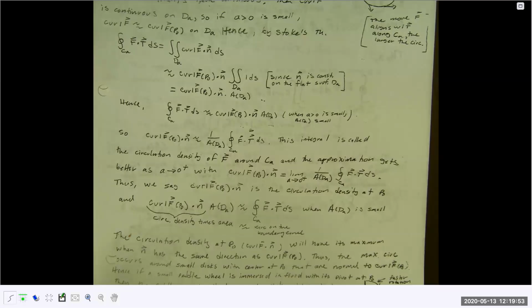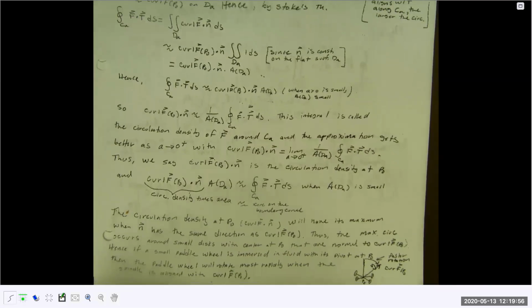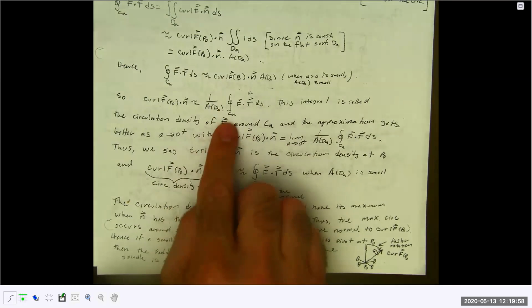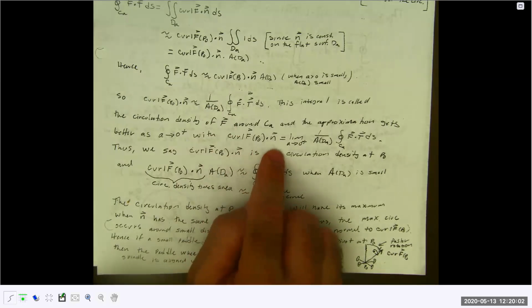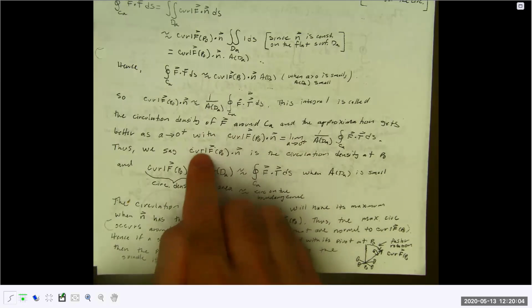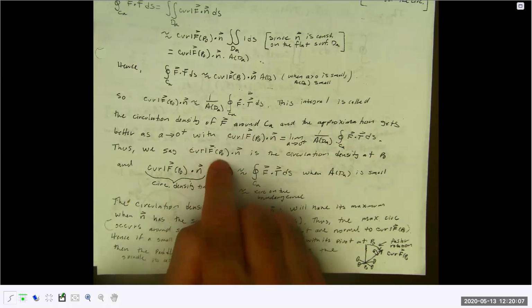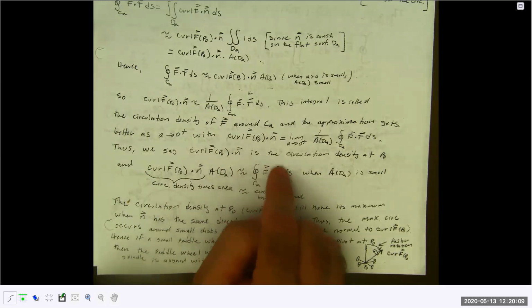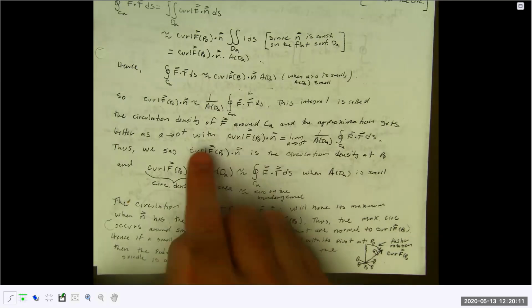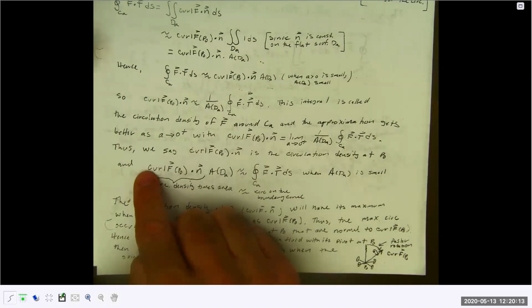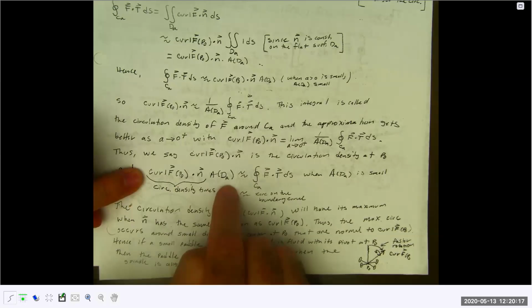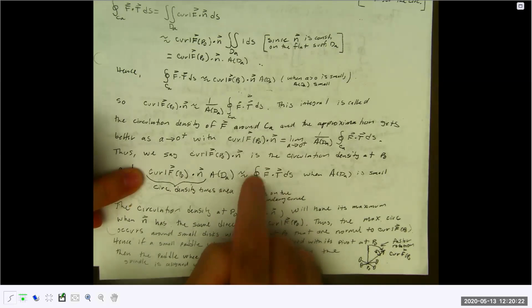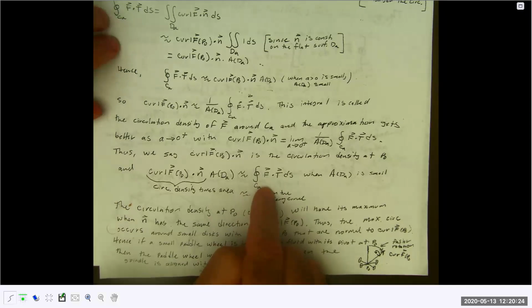And the approximation gets better as a goes to 0 through positive values. And the curl of F at P sub 0 dotted with n would actually be equal to that limit. And so we say that the curl of F at P sub 0 dot n is the circulation density at P sub 0. And so the circulation density times the area of the disk is approximately equal to the circulation around the disk when the area of the disk is small.